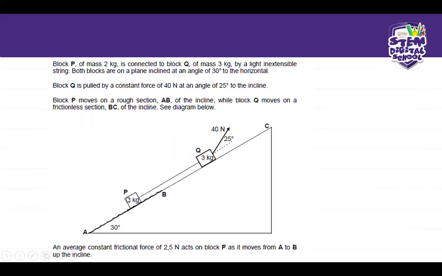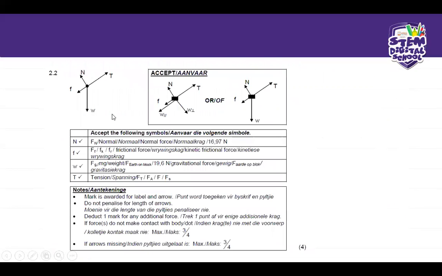So you see, this is exactly what I meant. The F is the frictional force, and this one is the applied force. In this case, it's a tension, and this one is the normal force, and this one is the force due to gravity, gravitational force, basically.